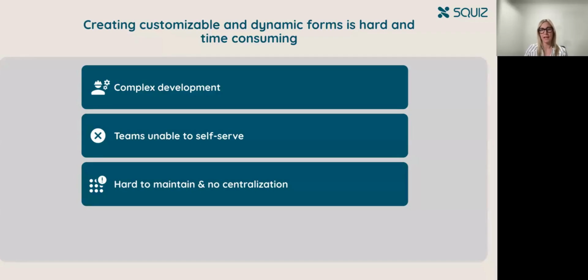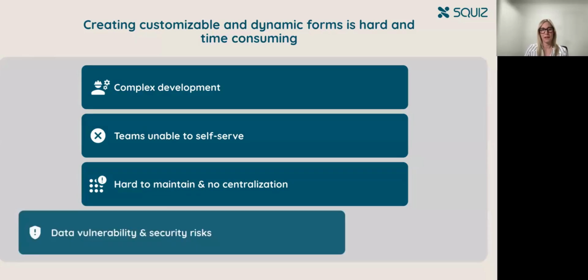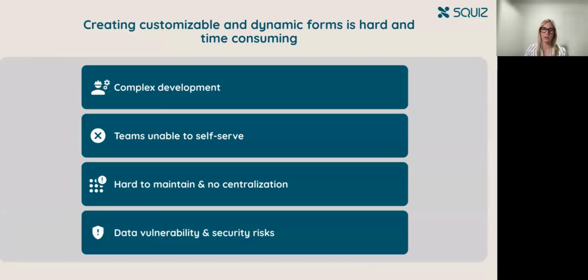Data ends up being in duplicated areas across your different systems, and there's no centralized place for all of your forms. And of course, there's data vulnerability and security risk, because security practices of add-ons and plugins can't be guaranteed. Hacking and risks to customer data are at an all-time high, and you do need a centralized location for all of your data to prevent any threats.